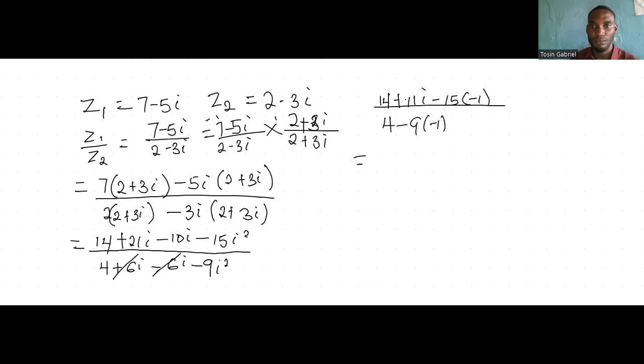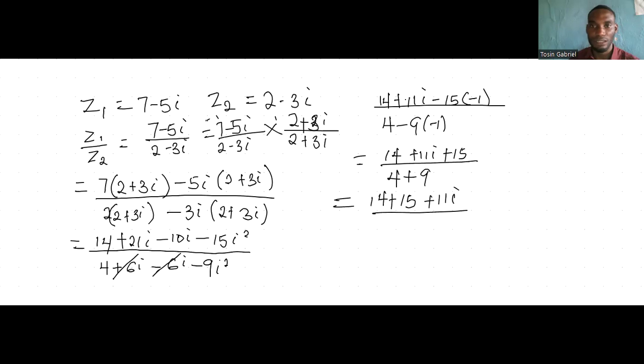So you have 14 plus 11i plus 15 divided by 4. Minus times minus is plus. 9 times 1 is 9, which is equal to 14 plus 15, then plus 11i divided by 13.